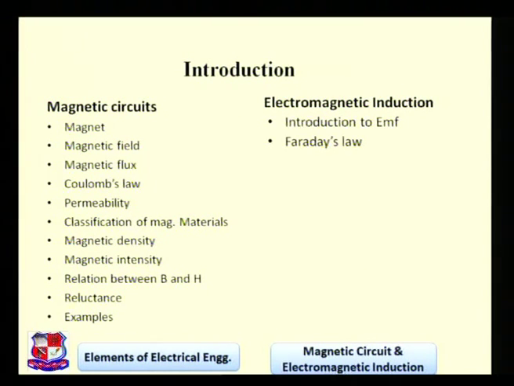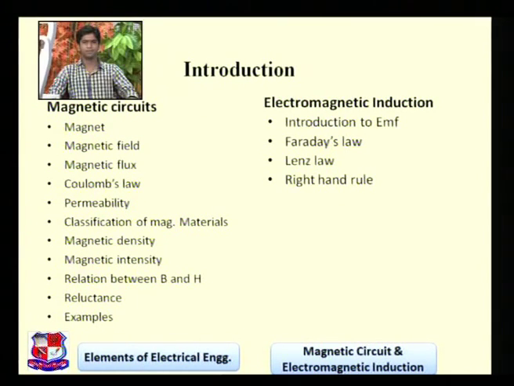After that we will have an idea of Faraday's law. Then we will see what is Lenz's law. After that we will see the right hand rule, the Fleming's right hand rule. Then we will see the types of induced EMF.